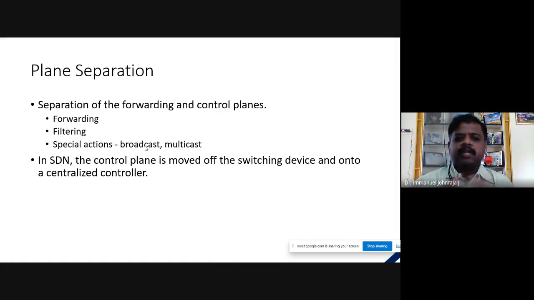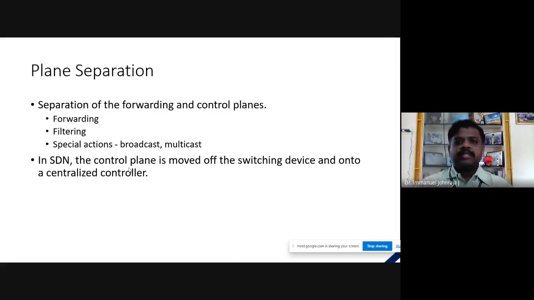Second, in SDN, the control plane is taken away from the switching device and placed in a centralized controller. This is something very important. I should have highlighted this centralized controller. The centralized controller comes into existence when you talk about software defined networking, which was not available in traditional networking devices.